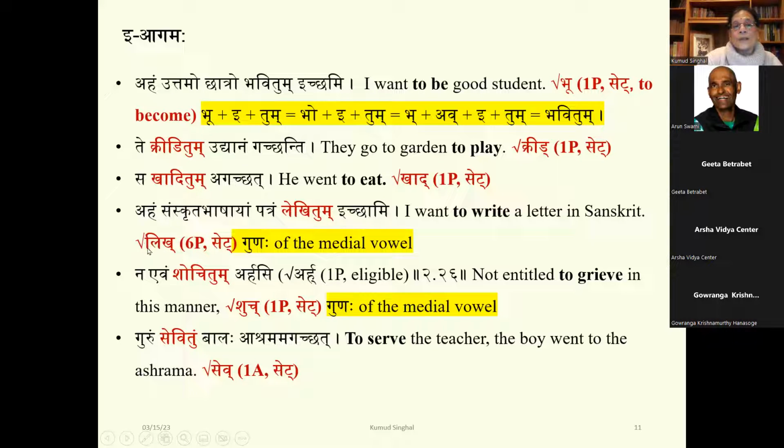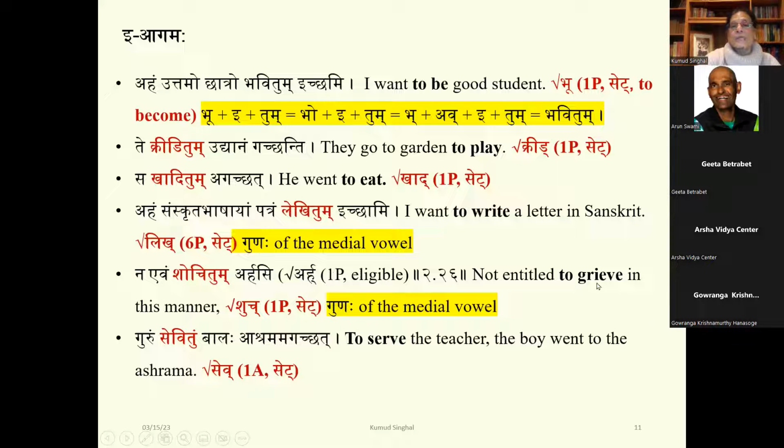First of all, i is your medial vowel. So it takes a guna, so it becomes lekh. And then, it is a set dhatu, so you add the e to it and it becomes lekhitum. So guna of the medial vowel. So I want to write a letter in Sanskrit.